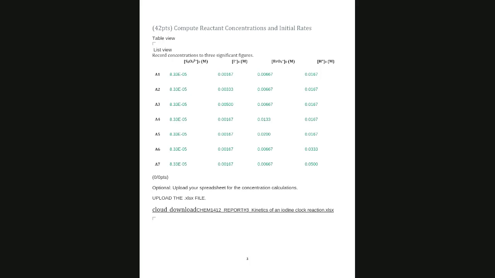They are asking, what is the initial concentration of thiosulfate in A1, A2, A3, A4? What is the initial concentration of iodide, bromate, and acid? So you won't do it for the starch or the water. You have 4 different reactants.